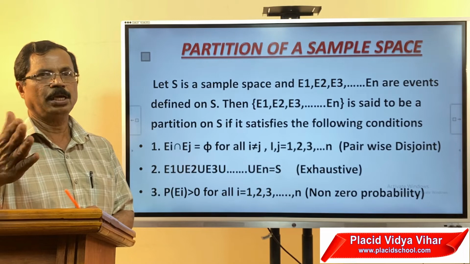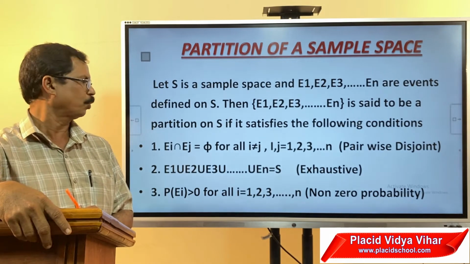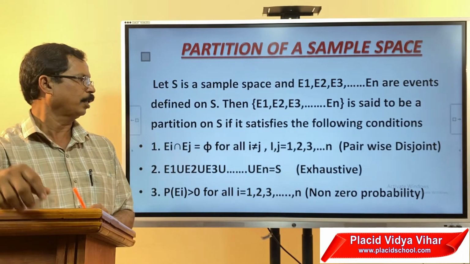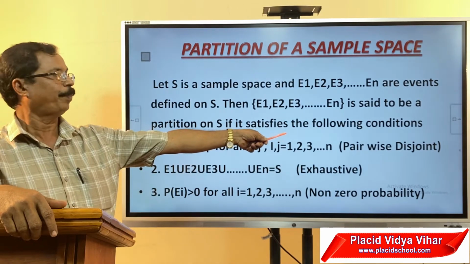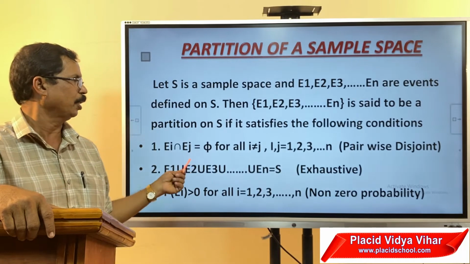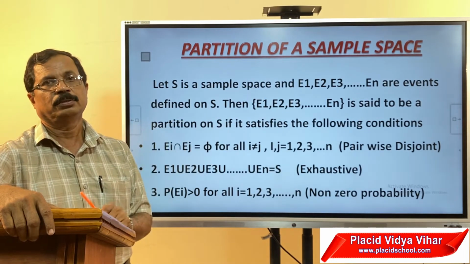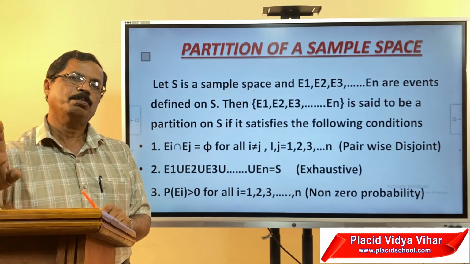That means E1 and E2, E2 and E3, E1 and E3 and so on, where i and j can take values 1, 2, 3, etc. up to n. In that case we say the events are pairwise disjoint. There is no common element. So the first condition is that all these events must be pairwise disjoint, that means the intersection of any 2 of them must be the null set.